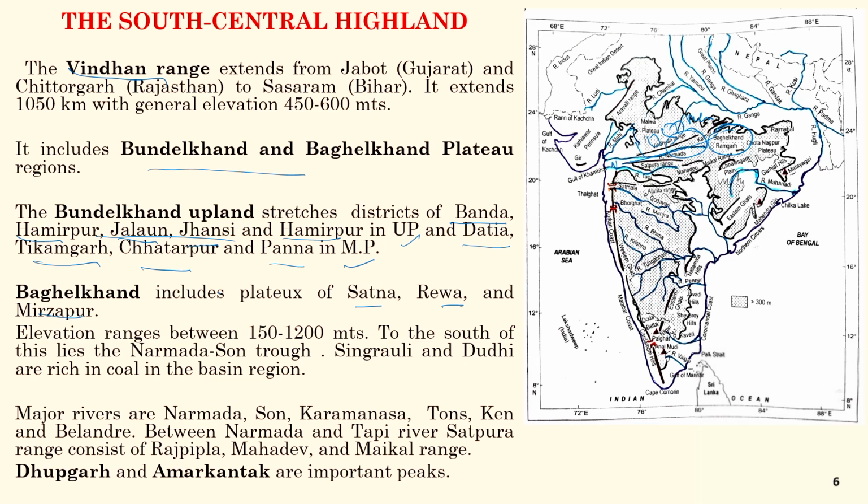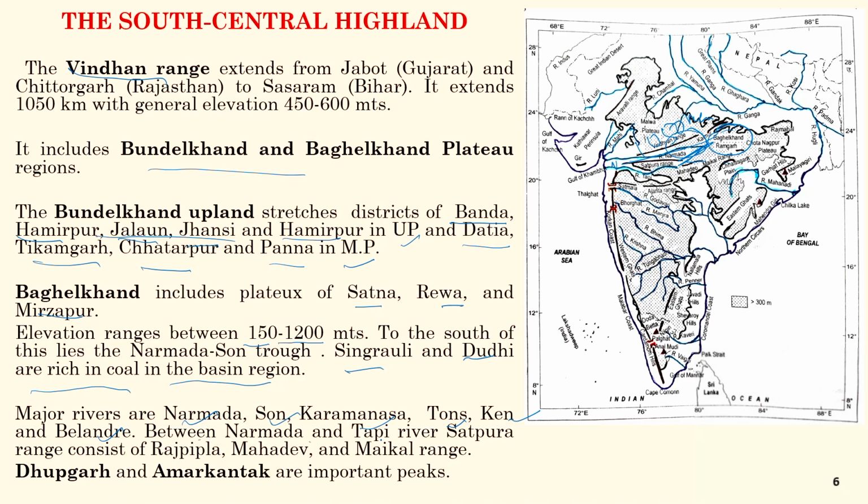The elevation of this region varies from 150 to 1200 meters. To the south of Baghelkhand lie the Narmada Son Trough area, Singrauli and Dudhi. It is rich in coal. Major rivers are Narmada, Son, Karamnasa, Tons, Ken, Belan.